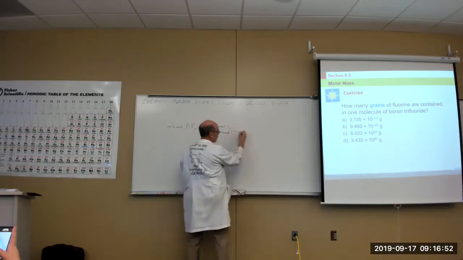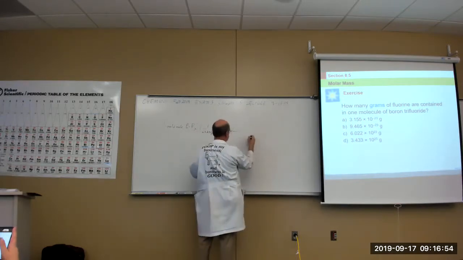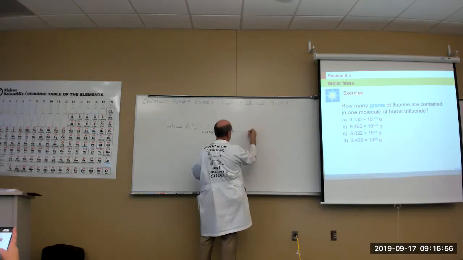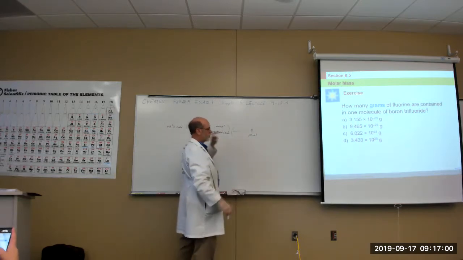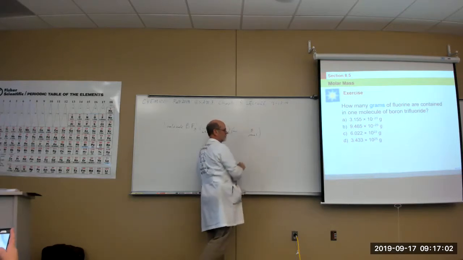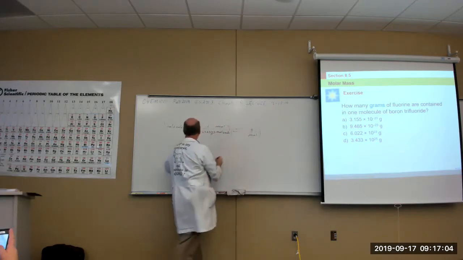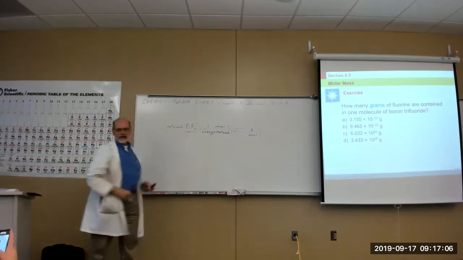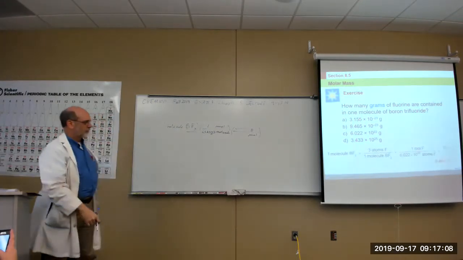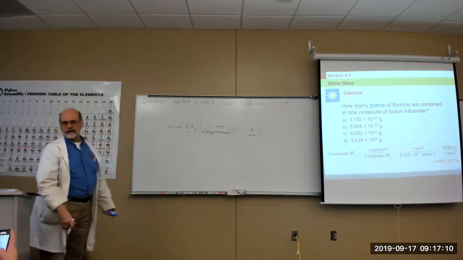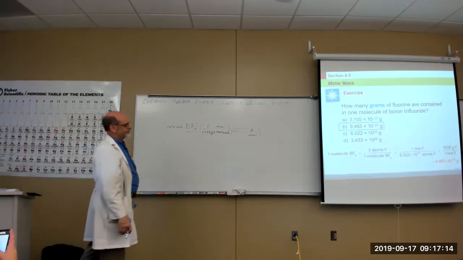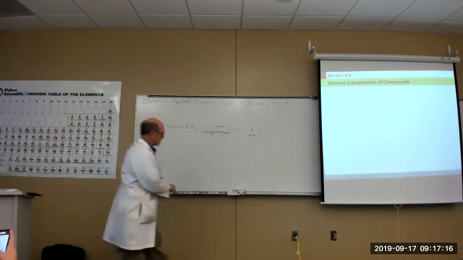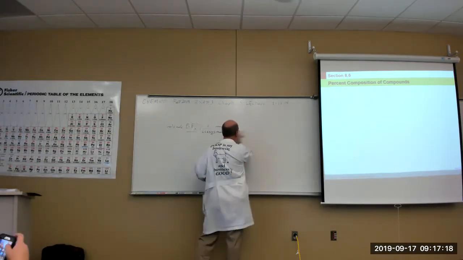Now you can find out grams. You just need the molar mass of boron trifluoride to give you the grams. Right? So once you calculate that for boron trifluoride, you can answer the question. And it's worked out there for you anyway, so you can look at it at your leisure, but I need to get onto some of these other topics before we run out of time.